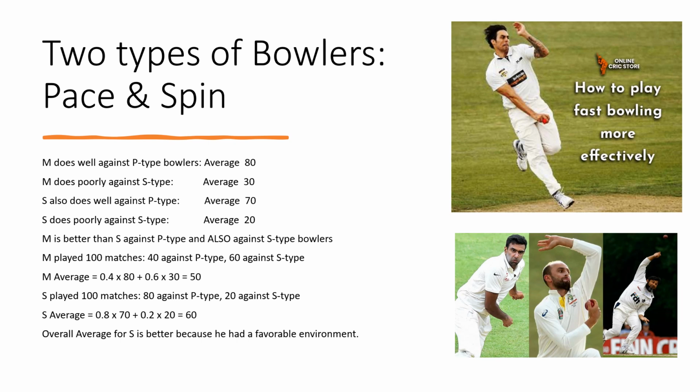But now, depending on who faced which type of bowler, the averages can vary. So for example, if Miyandad mostly faced a field in which there were spin bowlers, then his performance would be closer to his bottom average of 30. And if Sangakkara played mostly against pace bowlers, where he has a better average, then his average will be higher.